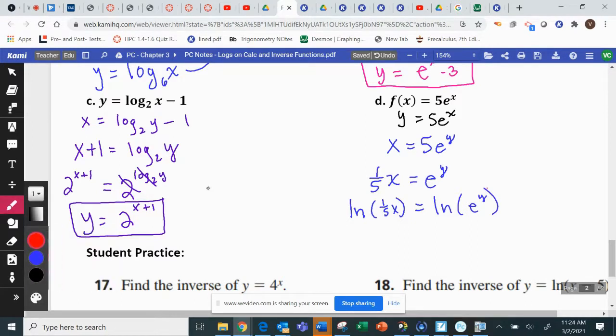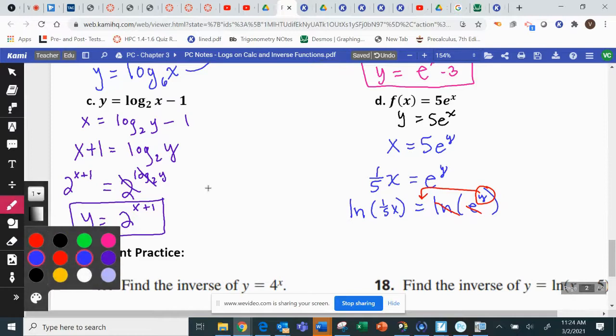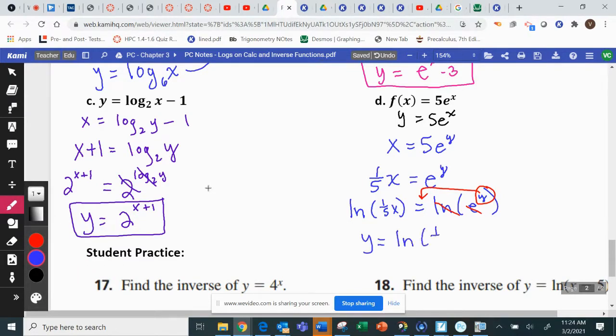You know that y can swing around to the front. The ln cancels out the e. So you get y equals ln of 1/5 x. And since this one did start in function notation, I'm going to write my answer back in function notation. F inverse of x equals natural log 1/5 x.